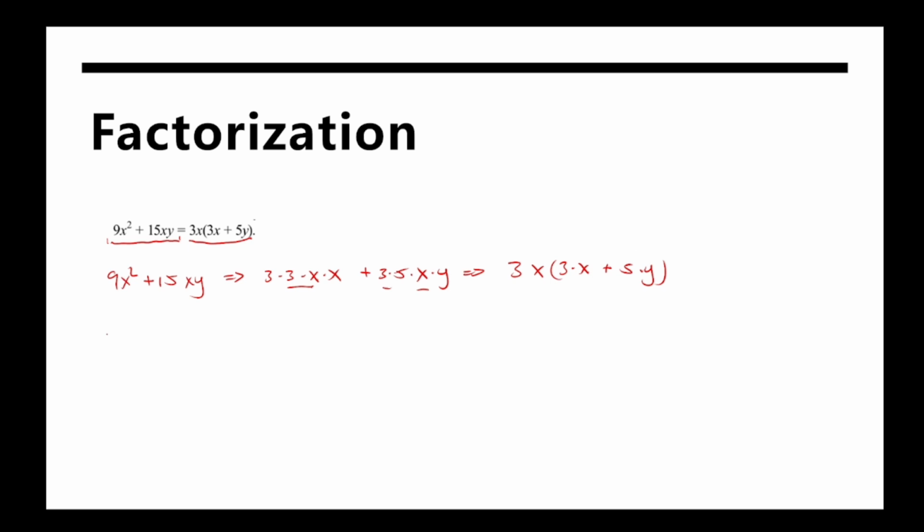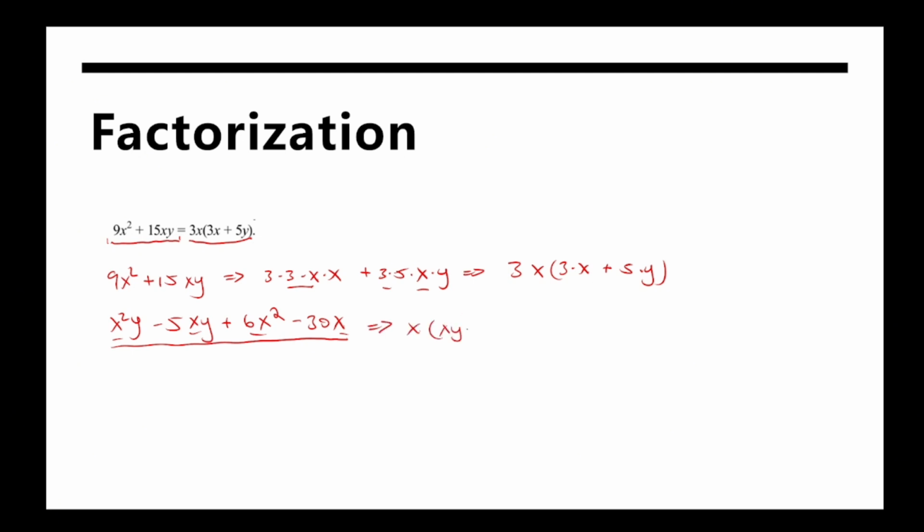A more complicated example could be something like x squared y minus 5xy plus 6x squared minus 30x. Now looking at this, it's a bit messy, but we can spot that they all contain an x term, so we can take it out.